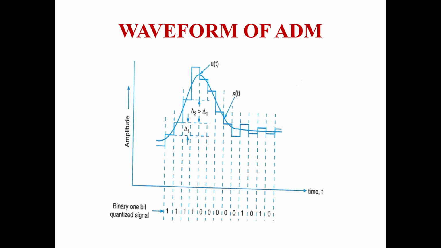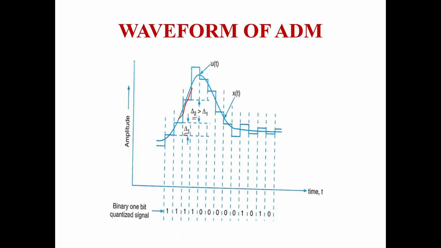It shows the waveform of adaptive delta modulation. Here two step size variations have been represented. One is del 1, the other one is del 2. When you observe the step size, obviously del 2 is greater than del 1. Here the input waveform is steep, so the step size is increased.